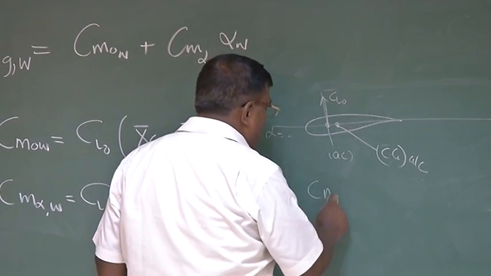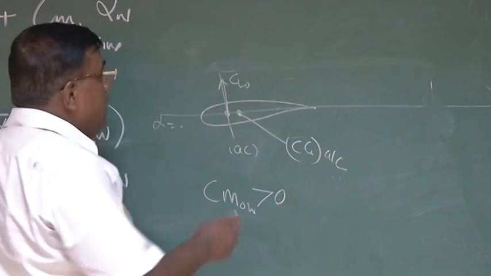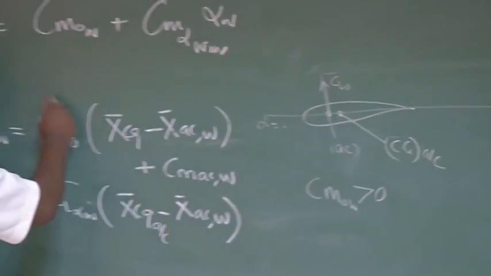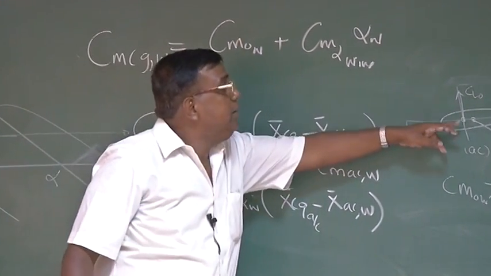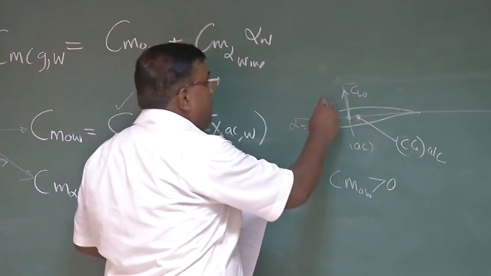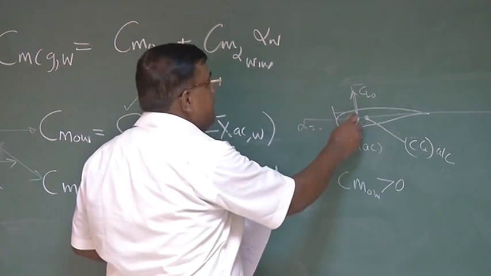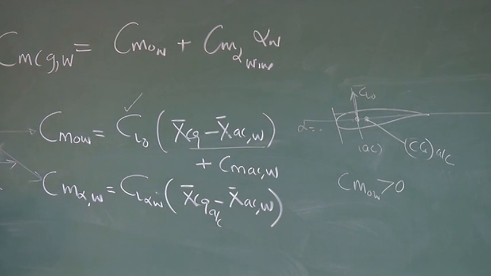If I want CM naught wing to be positive, then I must ensure that AC of the wing is ahead of CG of the aircraft. It is very clear from here. If AC is ahead of CG of the aircraft, then this distance XCG minus XAC will be positive. CL naught is positive. It will give positive CM naught.